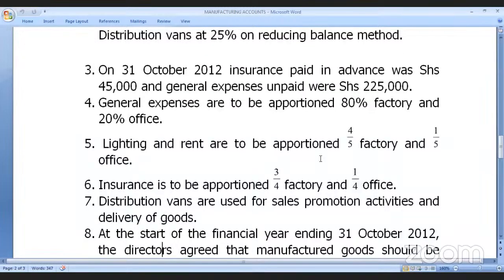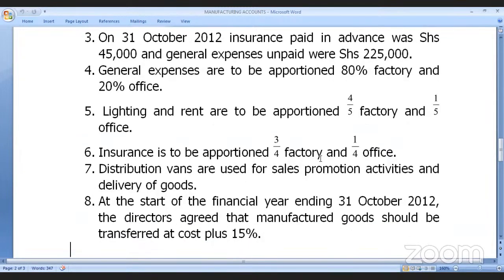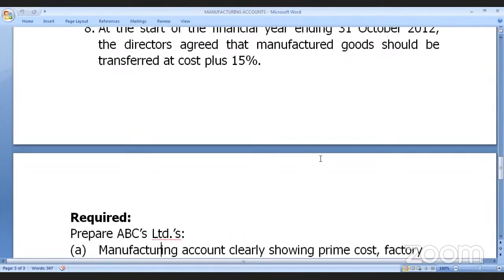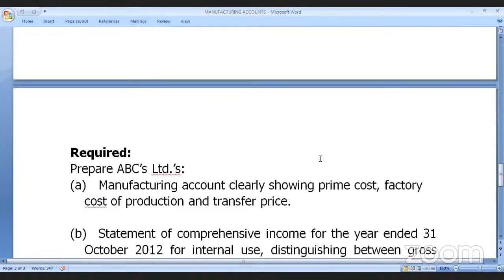At the start of the financial year ending 31st October 2012, the directors agreed that the manufactured goods should be transferred at cost plus 15%. What are we required to do? Prepare ABC Limited's manufacturing account, clearly showing the prime cost, the factory cost of production, and the transfer price.